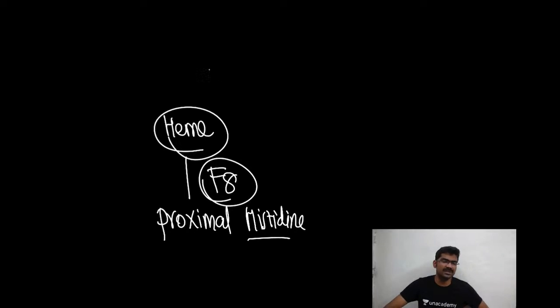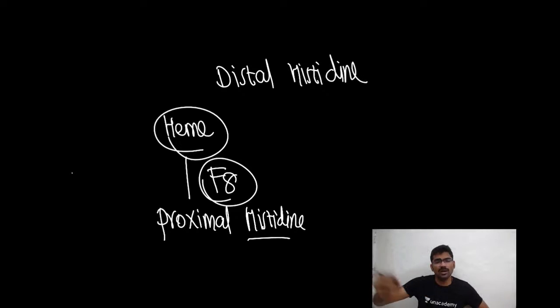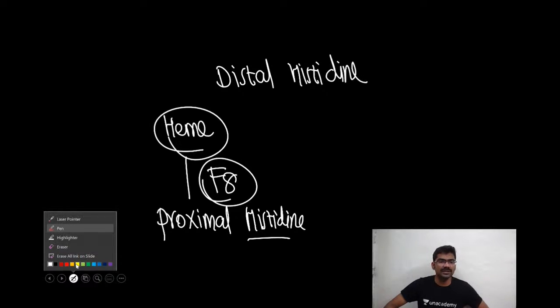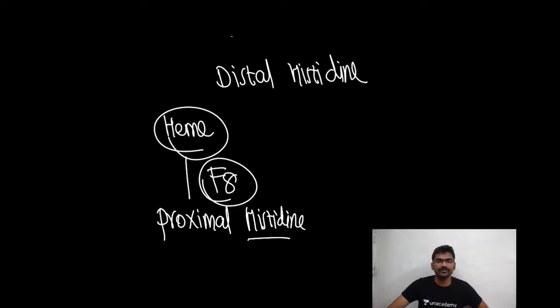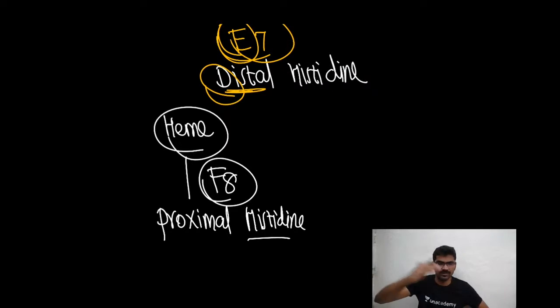The other histidine, which is not covalently linked, is known as the distal histidine. So the distal histidine is histidine E7. D for E. Remember DE: in the alphabet, D and E are nearby, right? So let me tell you an easy way.